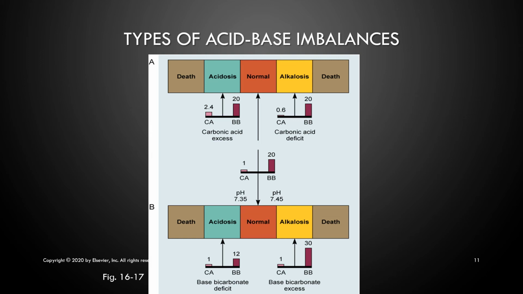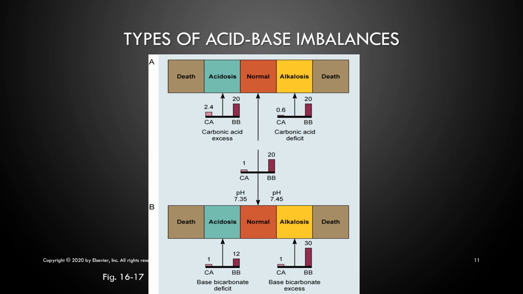And this is going to result in an acidosis because we're going to have more of this carbonic acid than we normally do, but our base has not changed. Our base did not increase. So it's a respiratory acidosis because our carbonic acid is in excess, but our base is still at 20. Remember that 20-to-1 ratio is what gave us the normal. So if our acid is higher, but our base did not change, then we are acidotic.